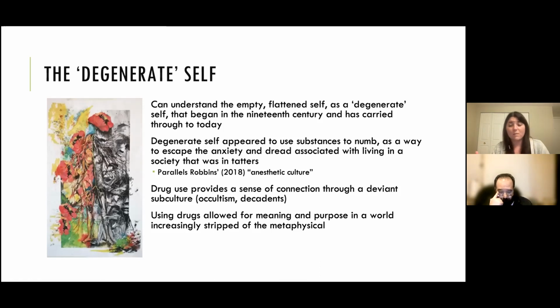And we can see parallels between this and Brent's anesthetic culture that he writes about in his book, which for him is really characterized by tendencies to objectify self, others, and the natural world. And for Brent, anesthetic culture is really correlated with colonialism, genocide of indigenous peoples in the US, rampant drug and alcohol addiction, and the emergence of new anesthetics in medicine, all of which sort of culminate in this cultural numbing and a very mechanistic, objectifying way of viewing self, others, and the world.